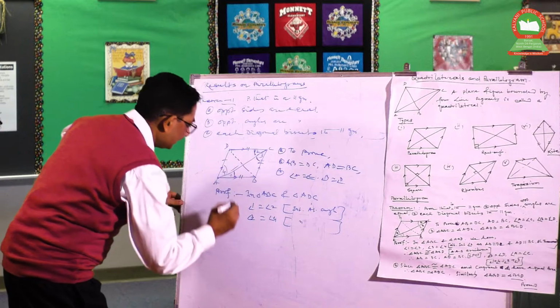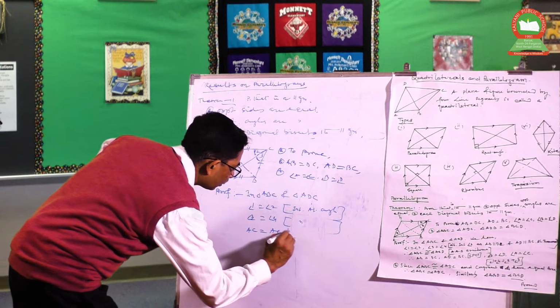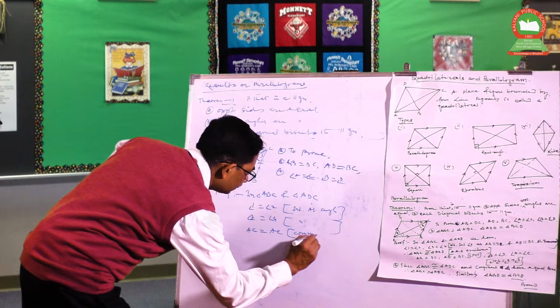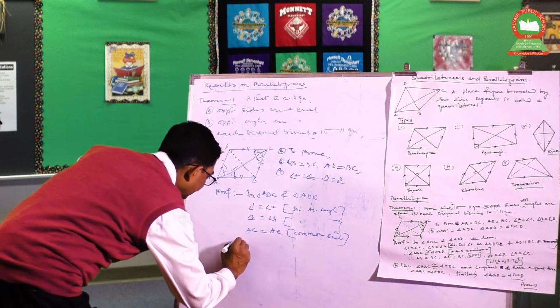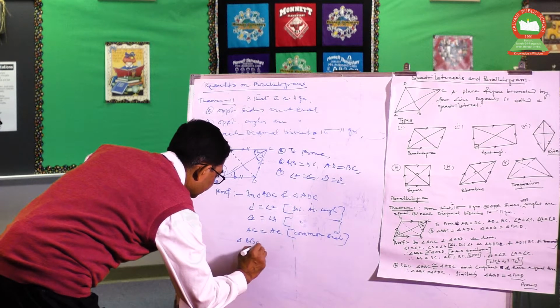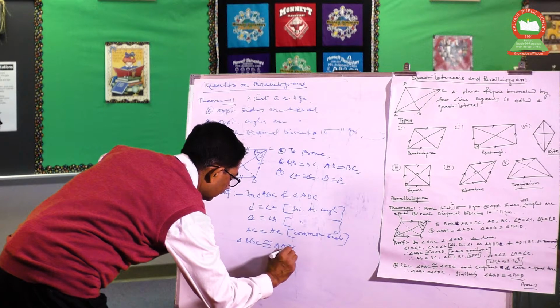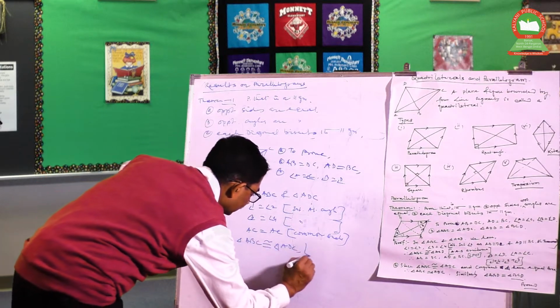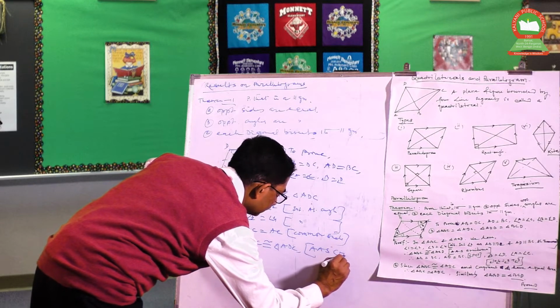Another is AC equal to AC, this is the common side. So triangle ABC is congruent to triangle ADC, by the AAS criterion.